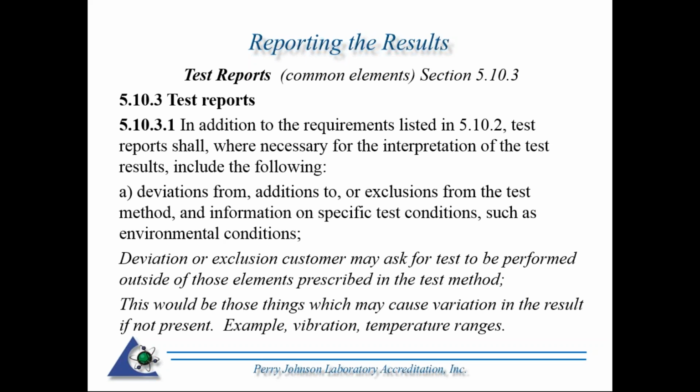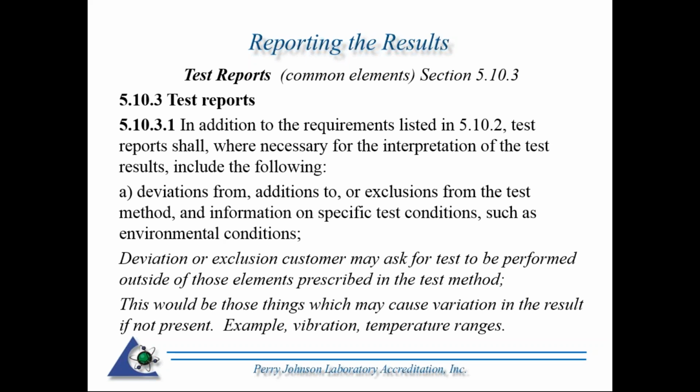Deviation, what does that mean? A deviation or exclusion? Customers may ask for a test to be performed outside of those elements prescribed in the test method. If so, that needs to be documented, or deviating from your laboratory procedures. This would be, for example, when it's talking about the environmental conditions. We're referring to testing activities here.